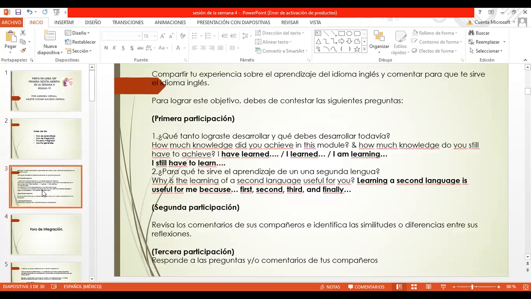Y después, bueno, tenemos in your second participation, you have to check your partner's comments and identify some similarities and some differences between them and you.